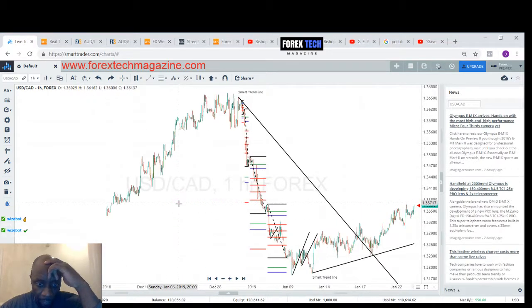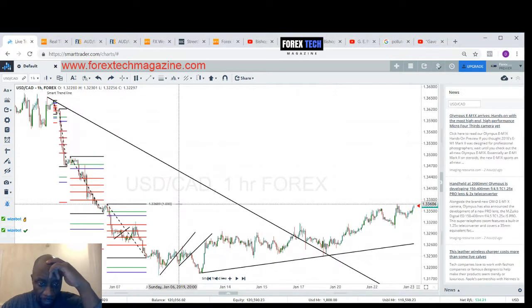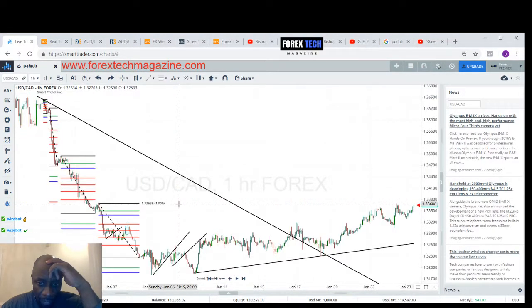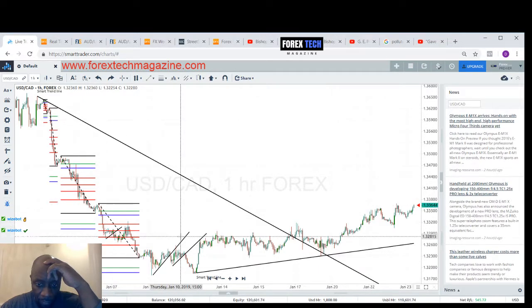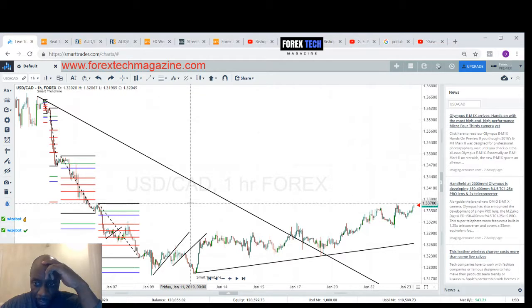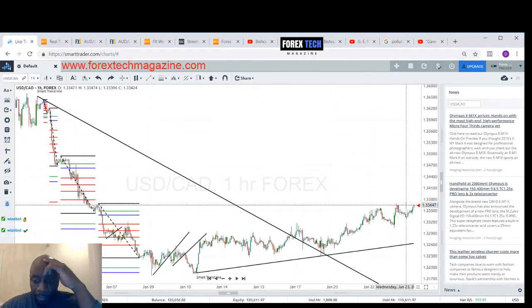All right. Because here goes the A, there goes the B. I'm looking for some potential C's. It never materialized. And as you can see, price did go and tap that A, right?